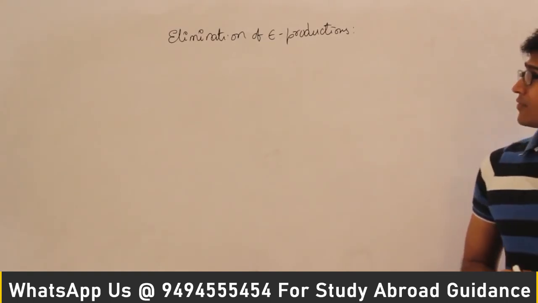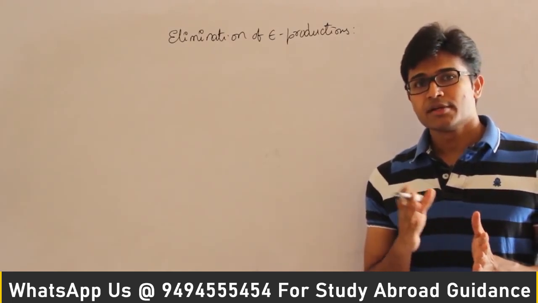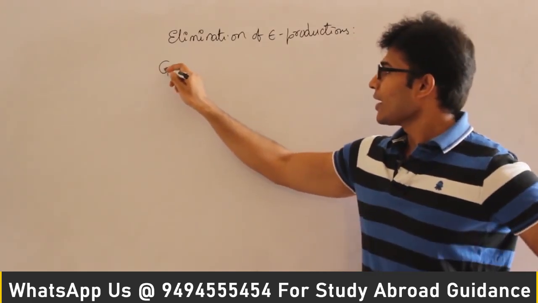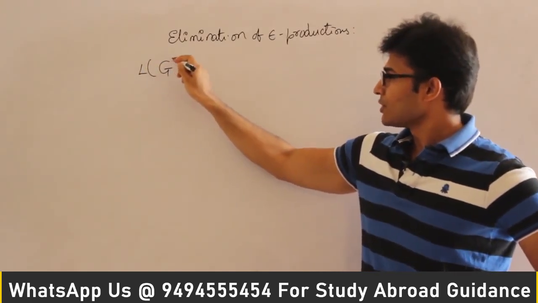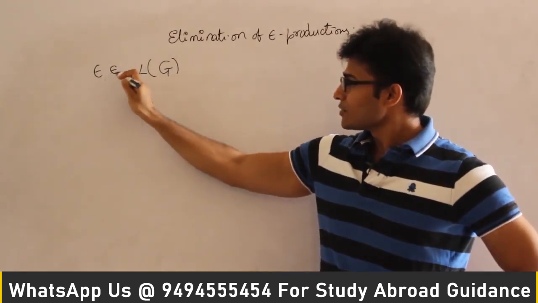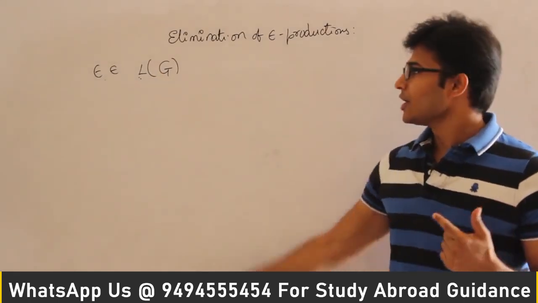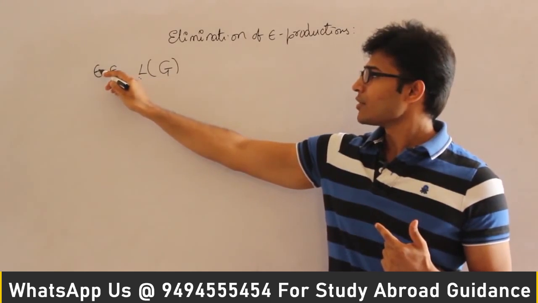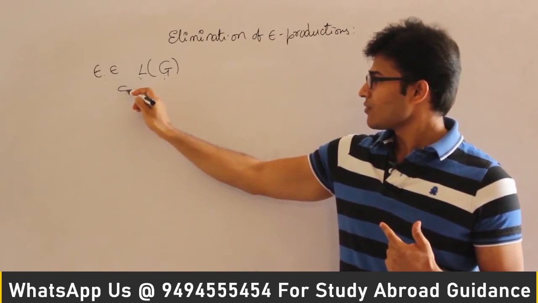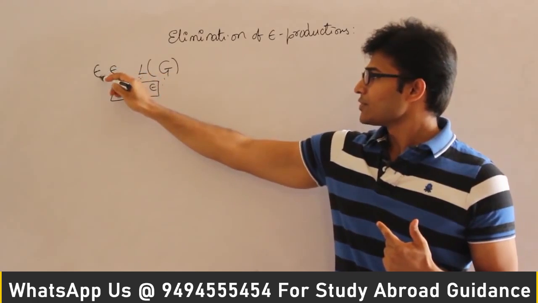And one thing is, can we eliminate all the epsilon productions from the grammar? If a grammar G is given and you compute L of G, the language generated by the grammar, if epsilon is present in the language, then you are supposed to generate epsilon also. Therefore, you will not be able to eliminate all the epsilon productions if epsilon is present in the language. You should at least have one production S derives epsilon, because you should generate epsilon.